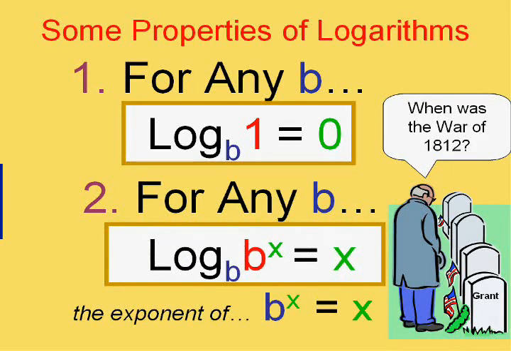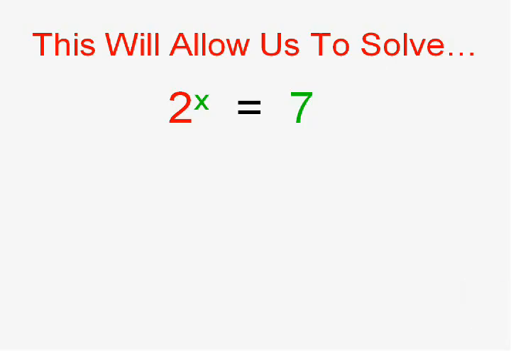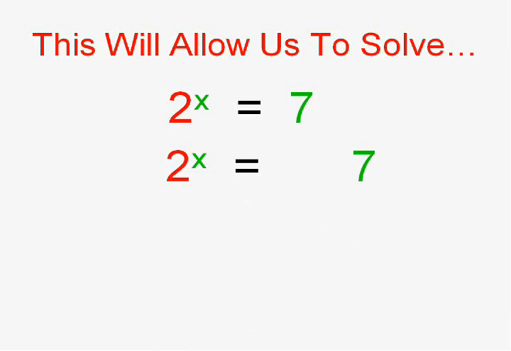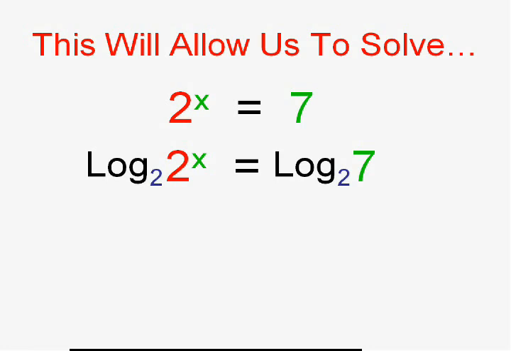Now, why is that important? This second property is going to allow us to solve an equation like this one. Looks difficult, but in the future, we're going to introduce a new tool: taking the log of both sides. And if we take the log of this, think about it, on the left side, the log base 2 of 2 to the x is x.